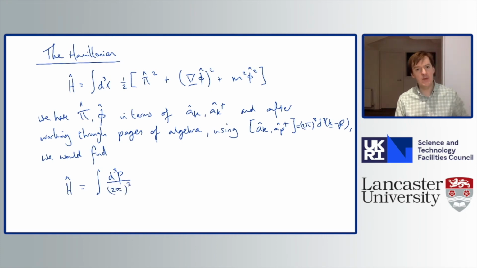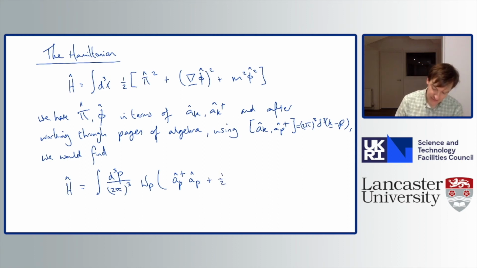We're integrating over the momentum modes. It's this d3p over 2 pi cubed factor that we always get. We have an omega p factor. And then we have this following combination of operators: a_p dagger times a_p plus then this funny combination of a commutator.